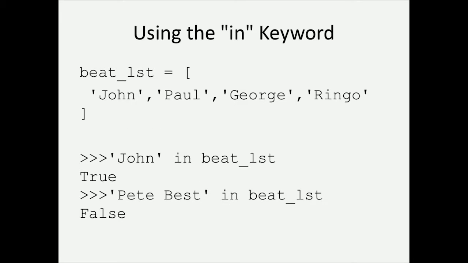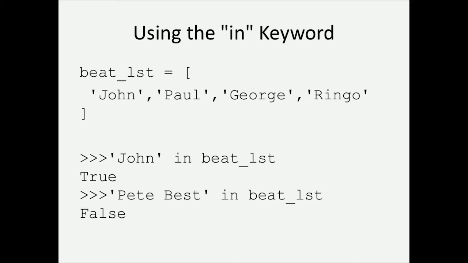Another cool thing I can do with lists, just to show you how convenient this is, and this I believe is also on the exam, is I come up with a list, and then I can use the in keyword. That's another keyword. You can't use it for your own variable names because it has a special meaning. And it does exactly what you'd think. So I have a beat list that has these 4 names. They're 4 different strings is all they are.